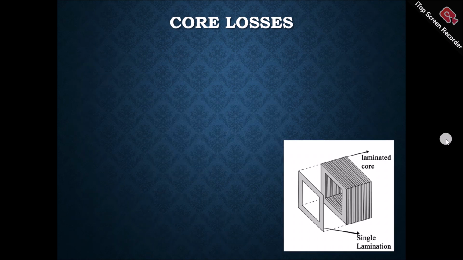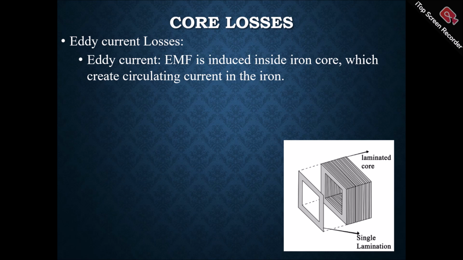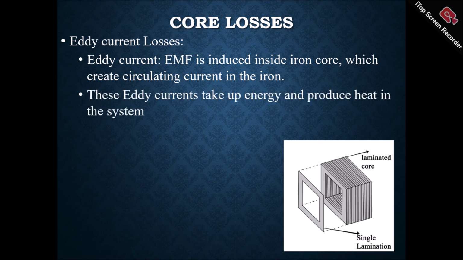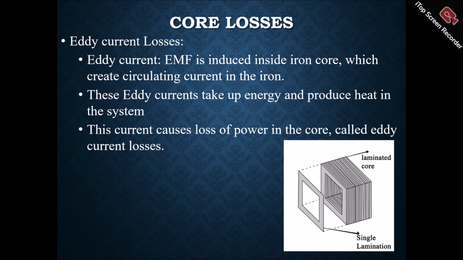In core losses there are two categories: eddy current losses and hysteresis losses. Now let's discuss eddy current losses. We are applying alternating voltage at the primary coil of the transformer, because of which alternating flux is created. Because of this alternating flux, alternating current circulates through the core, which is called eddy current. Because of this eddy current, there is a certain amount of loss, which is called eddy current loss.